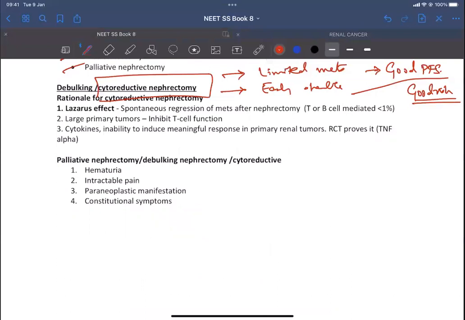What's the reason behind it? Something called the Lazarus effect, where we have seen mets regress after nephrectomy. It happens in less than 1%. Very large tumors inhibit T cell function, and again, very large tumors act as a cytokine sink where all of your treatment gets concentrated there.